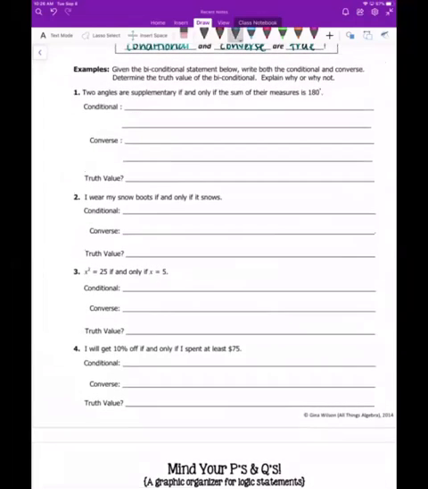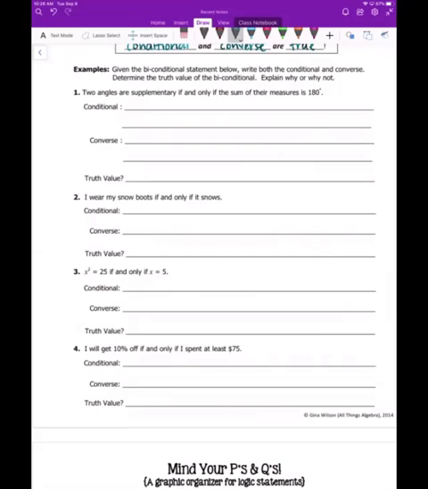So let's look at example 3. All right, so example 3 says x squared equals 25 if and only if x equals 5. So let's get our conditional and converse statements down before we look at the truth value.